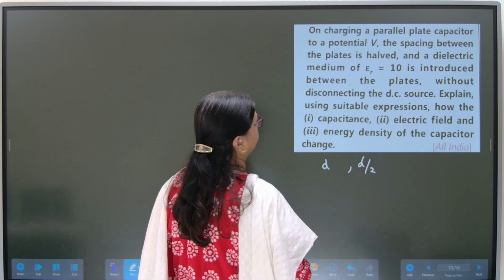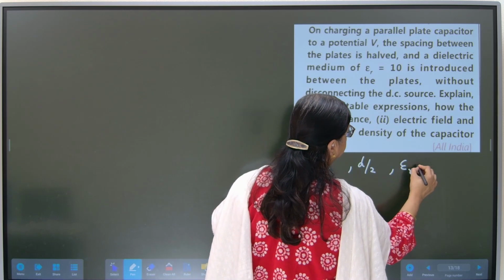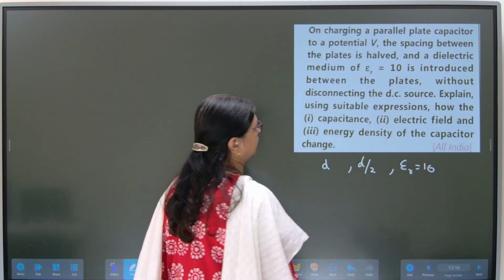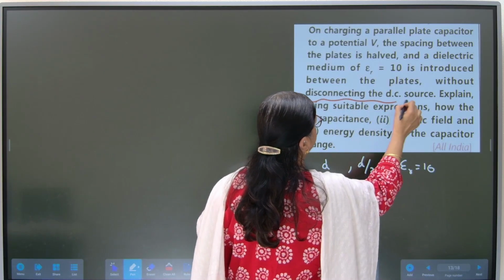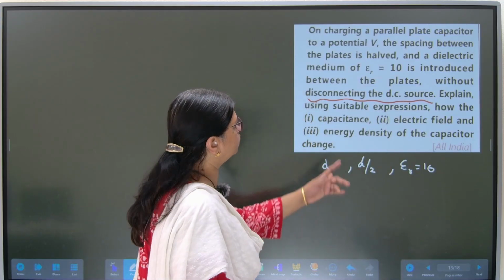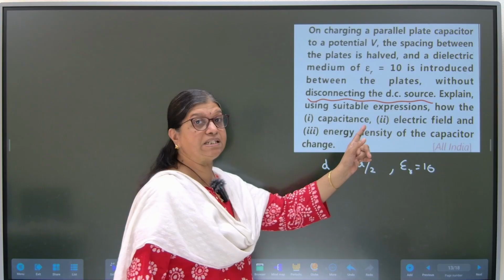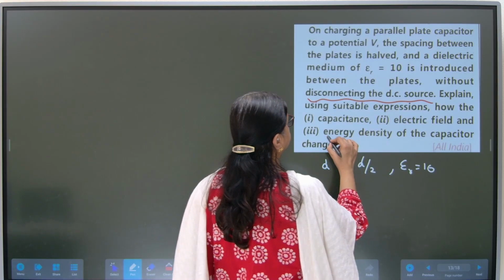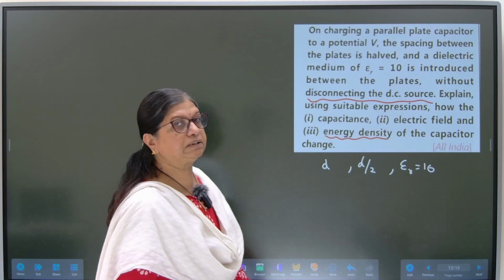And a dielectric medium of epsilon R equal to 10 is introduced between the plates without disconnecting the DC source. Explain using expressions how capacitance, electric field and energy density change. They are asking about energy density of the capacitor, not energy.